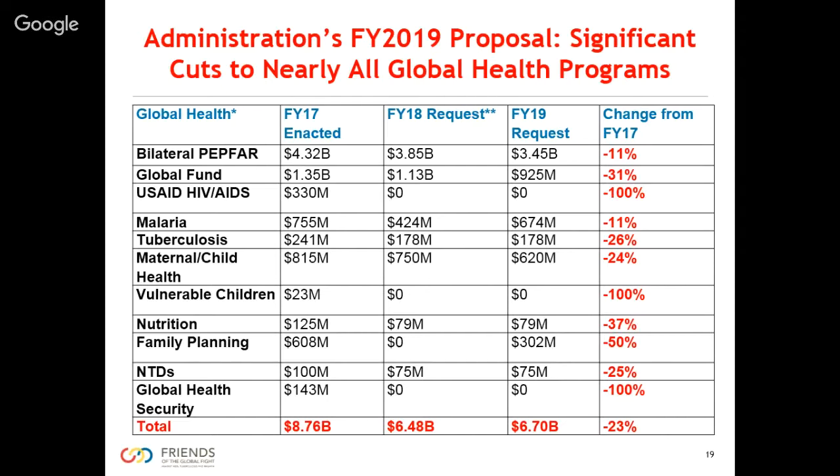In addition to the 11% and 31% proposed cut to PEPFAR and the Global Fund, respectively, you can also see the various cuts to other vital global health programs. For example, malaria was cut by 11%, tuberculosis was cut by 26%, vulnerable children was completely cut by 100%, family planning is cut by 50%, and global health security is cut by 100%.